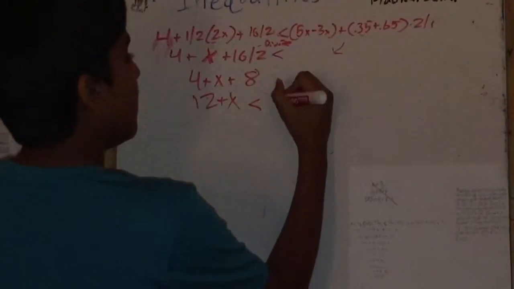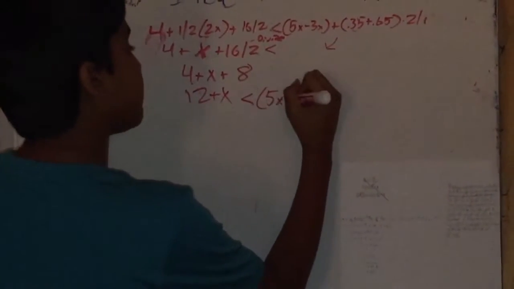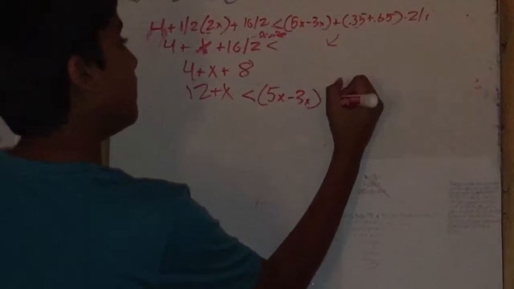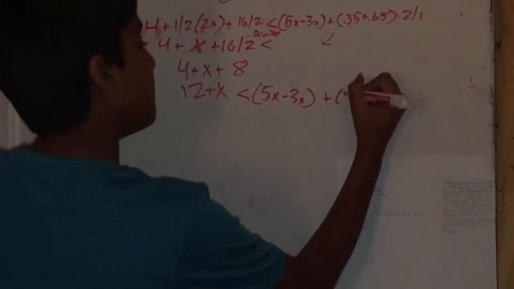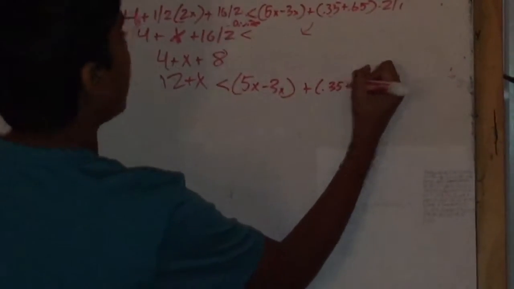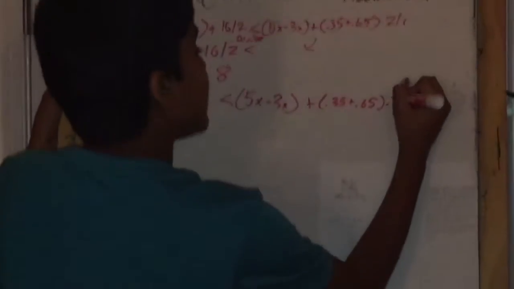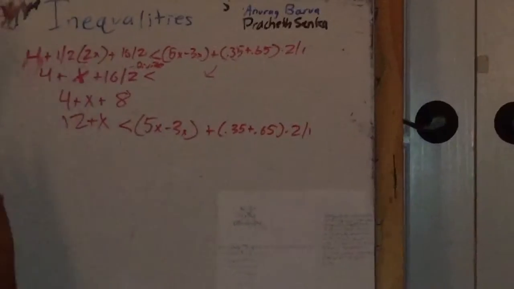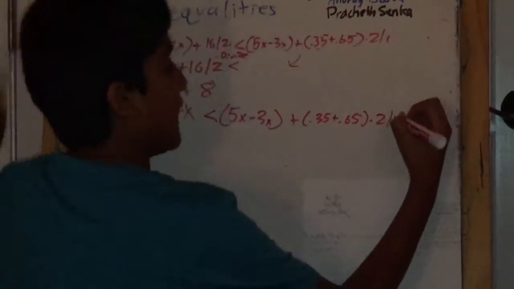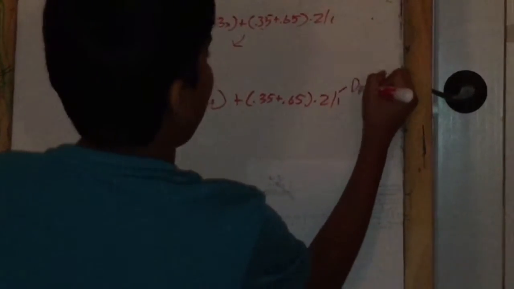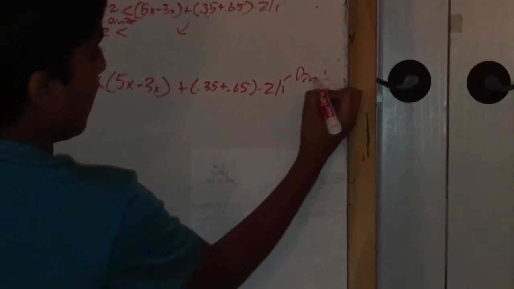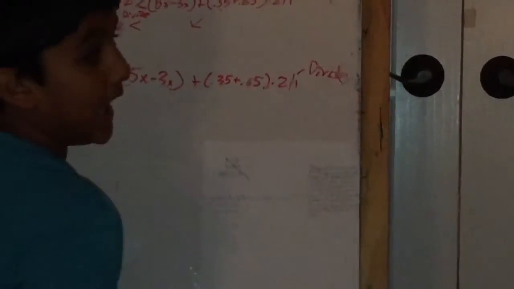So we get 5x minus 3x plus 0.35 or 0.65 times 2 over 1. Okay, I'm telling you this again. Do not let this trip you up. It means divide.